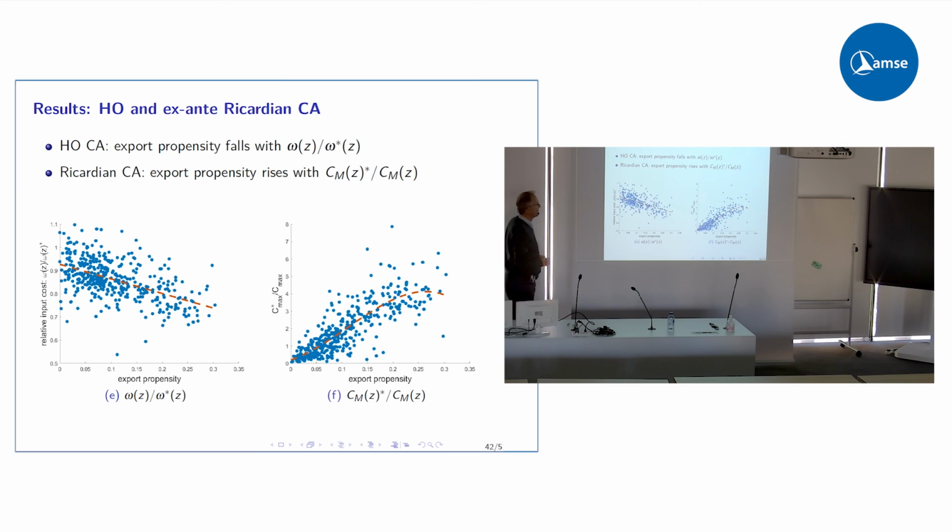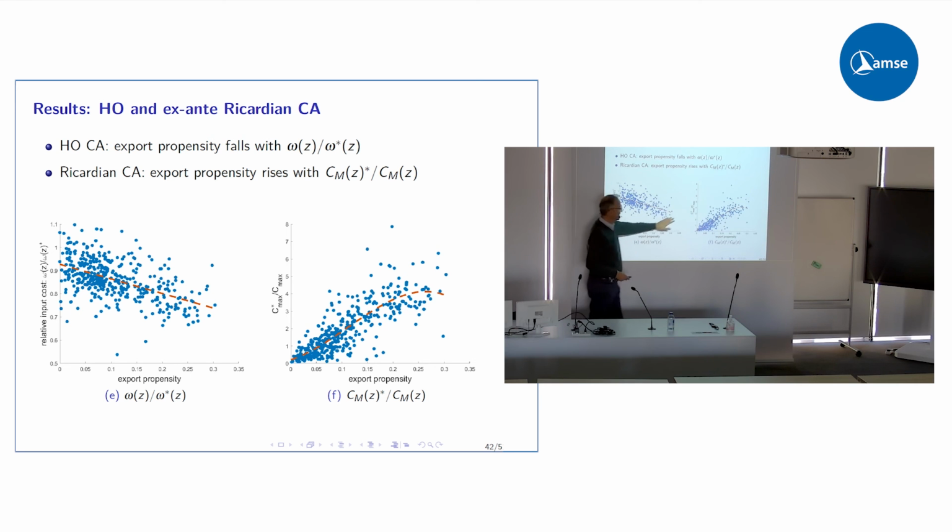The export propensity falls with relative prices, which is something that hopefully is built in the model and it is there in the data. The export propensity rises with your own productivity, so with the exogenous part of the unit input requirements of the foreign country.